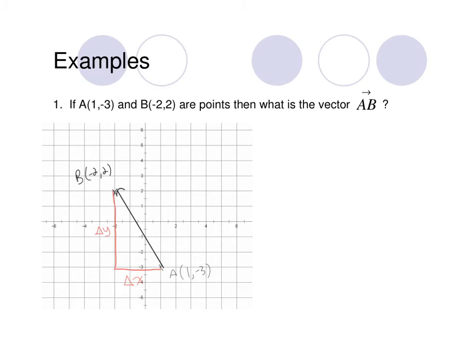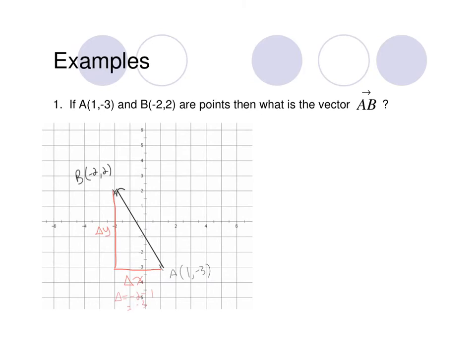Delta x is the difference in the x coordinates. Because we're doing vector AB, we go B minus A, so delta x would be -2 minus 1, or -3.